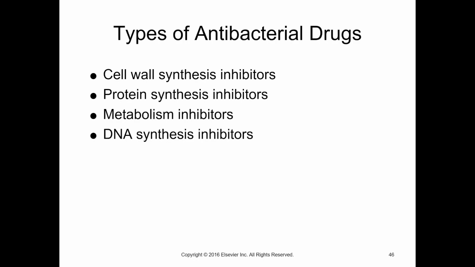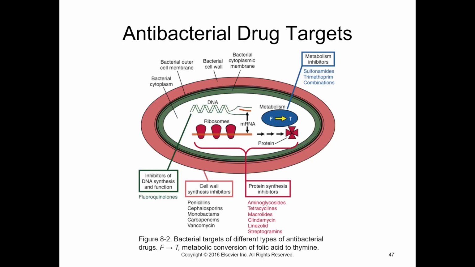Types of drugs, in general, 4 classes, and they all target different things. This is a quick overview that shows them here. But in general, you have your protein synthesis inhibitors. These target the ribosome, generally. The cell wall synthesis inhibitors, these target the cell wall, typically a protein called lipopolysaccharide, or LPS.